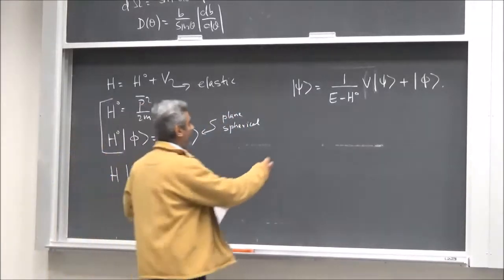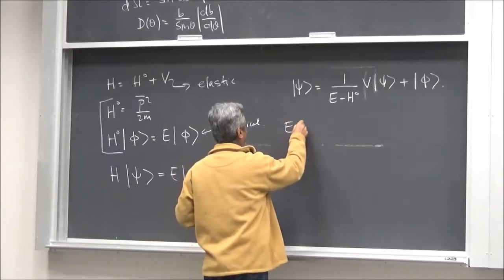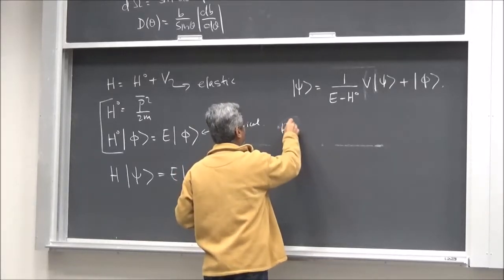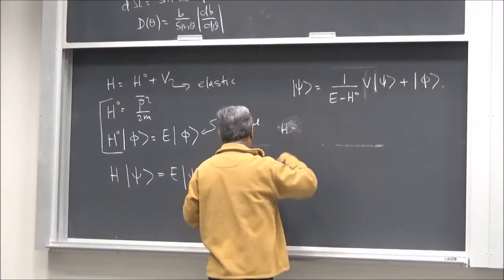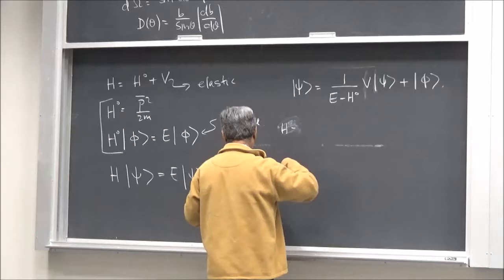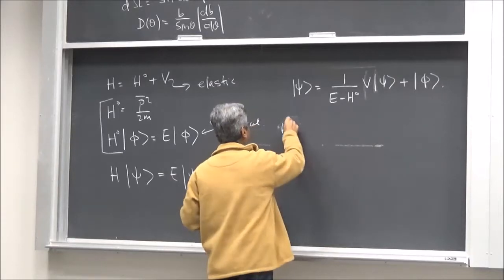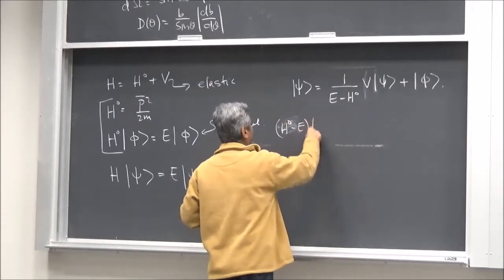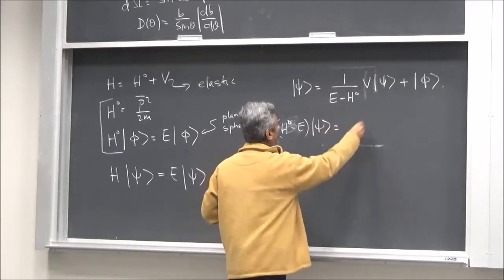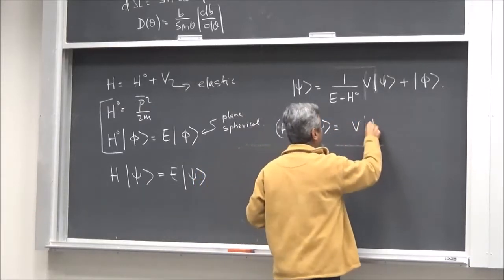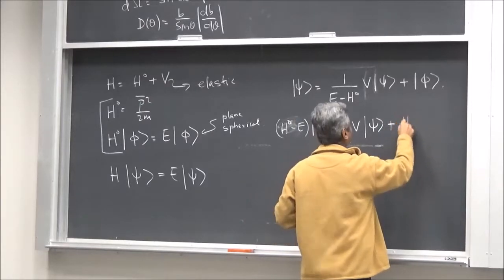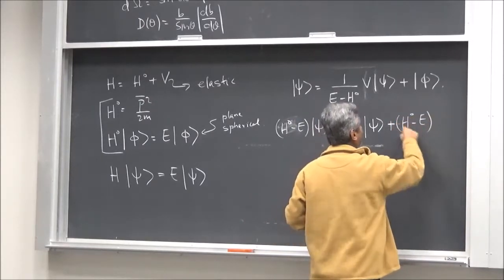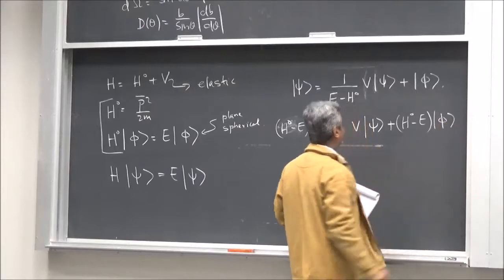Well, just apply E minus H on both sides, or H naught minus E, psi on both sides. So you'll get V of psi plus H naught minus E phi.